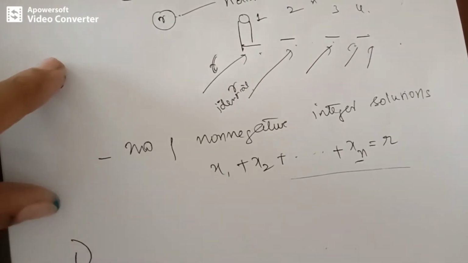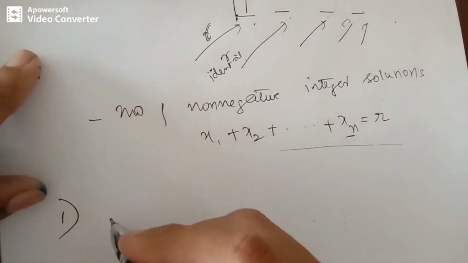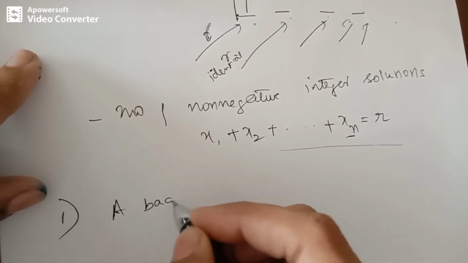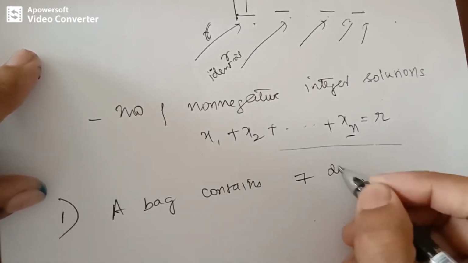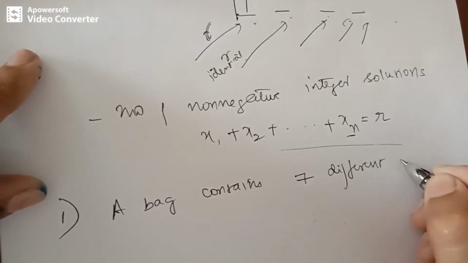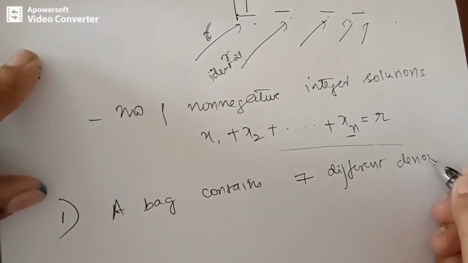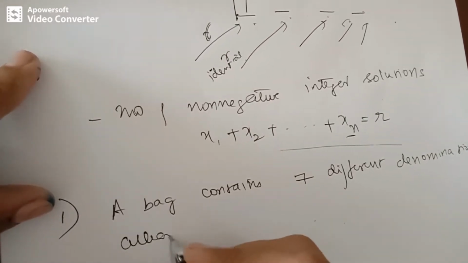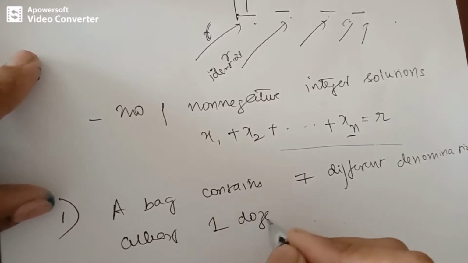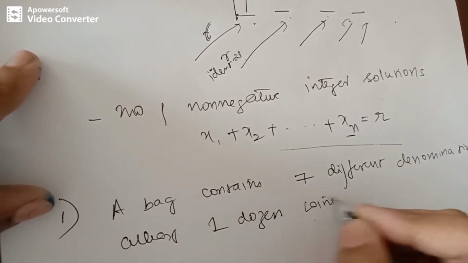Let me take a particular problem. Let's say a bag contains 7 different denominations, with at least 1 dozen coins in each denomination.